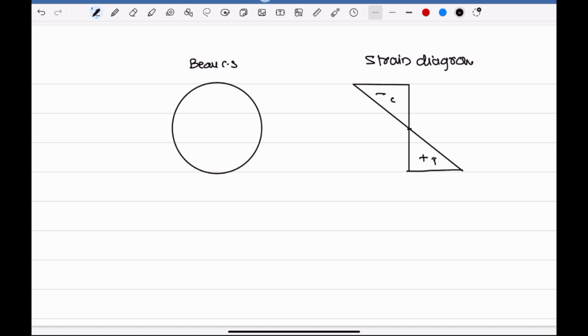And this is the neutral axis, and extreme fiber strain is epsilon maximum tensile strain here, epsilon maximum compressive strain is here.